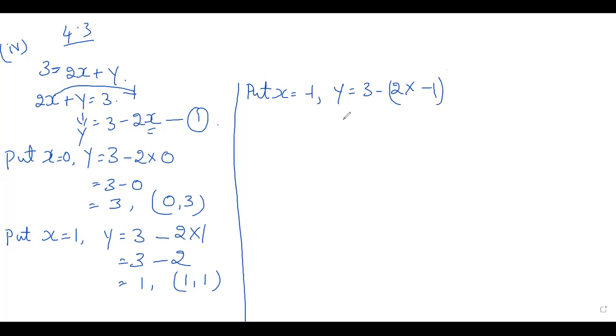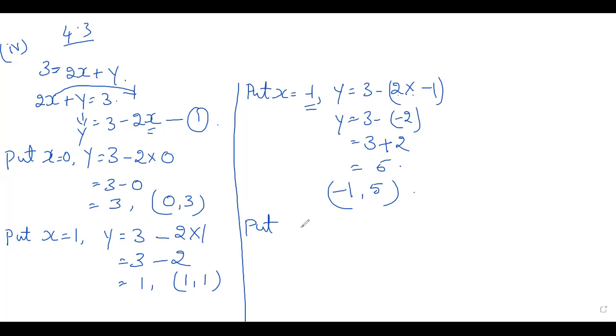So use bracket here, children, because we are substituting negative value here. y is equal to 3 minus 2 into (-1). That is -2, right? Write in the bracket. Minus into minus is plus. 3 plus 2 is equal to 5. What are the points here? We had taken x as -1, then y is 5.